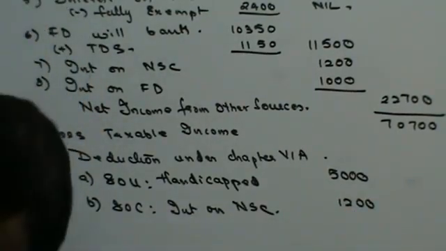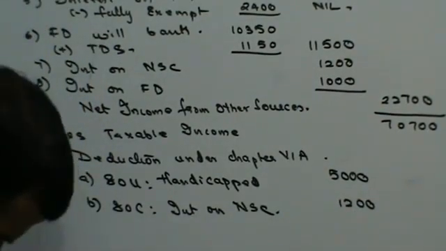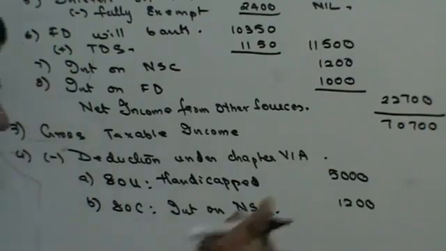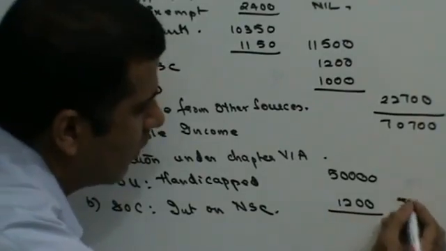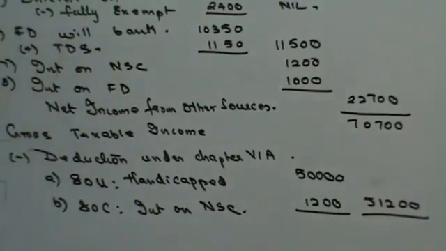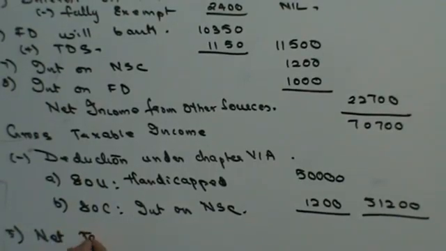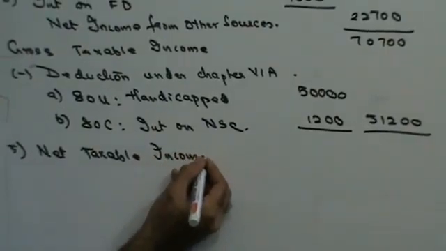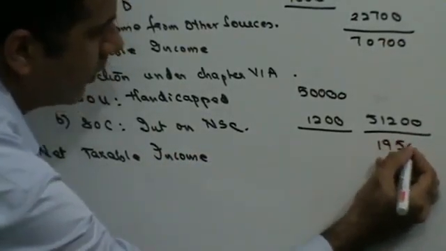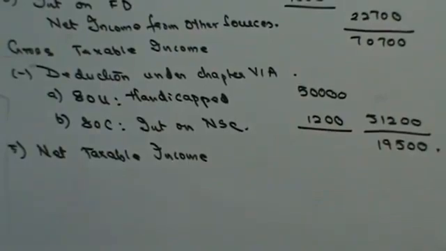The handicap value is 50,000. That's it. So this is 51,200. So you will get net taxable income 19,500. This finishes the sum.